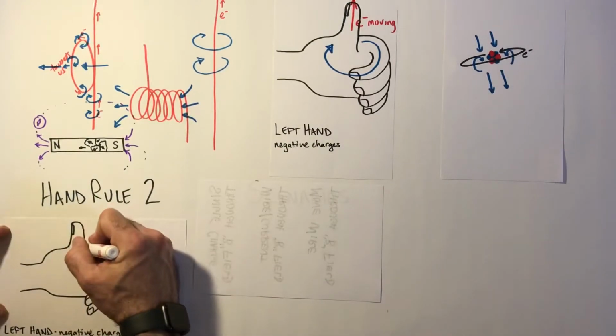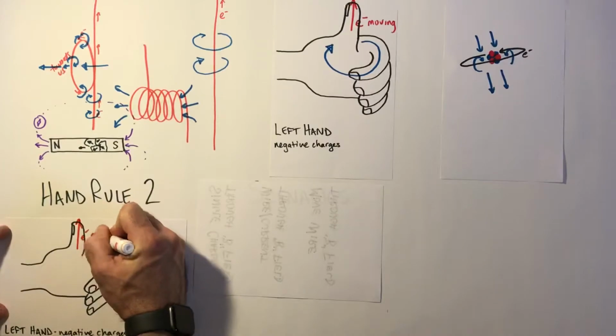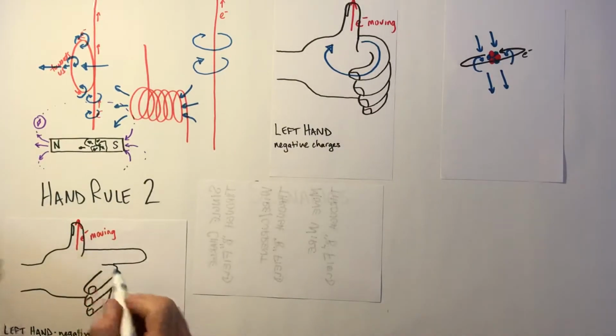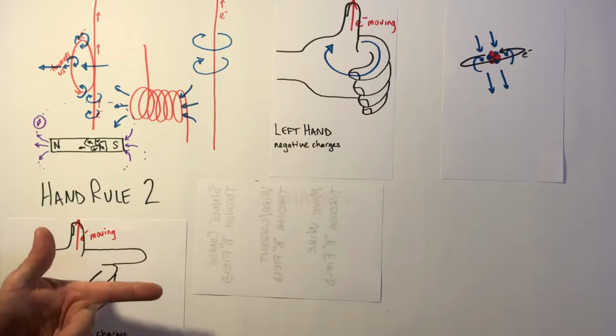So the thumb, just like before, points in the direction of the moving charge. Again, you use your left hand if it's negative charges. It would be right hand for positive, but we don't see that happening as often. The index finger, because again, this is 3D, these three fingers are pointing towards you.